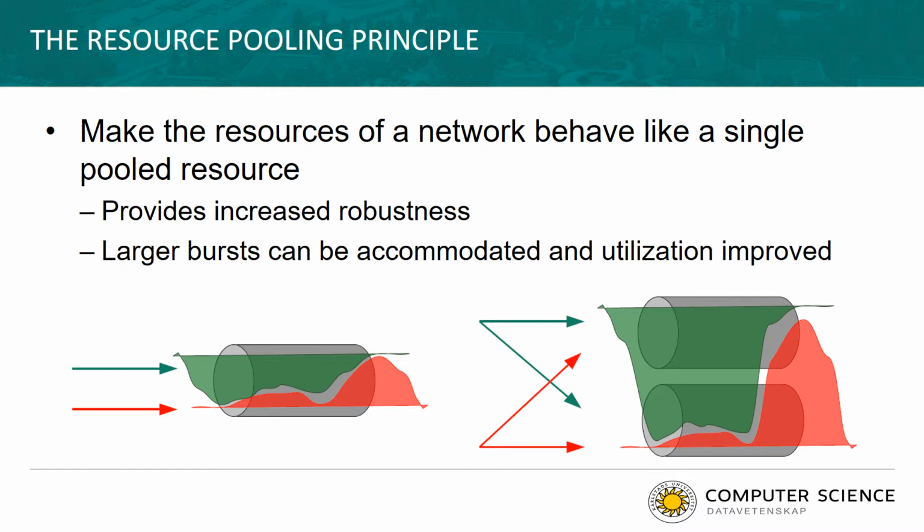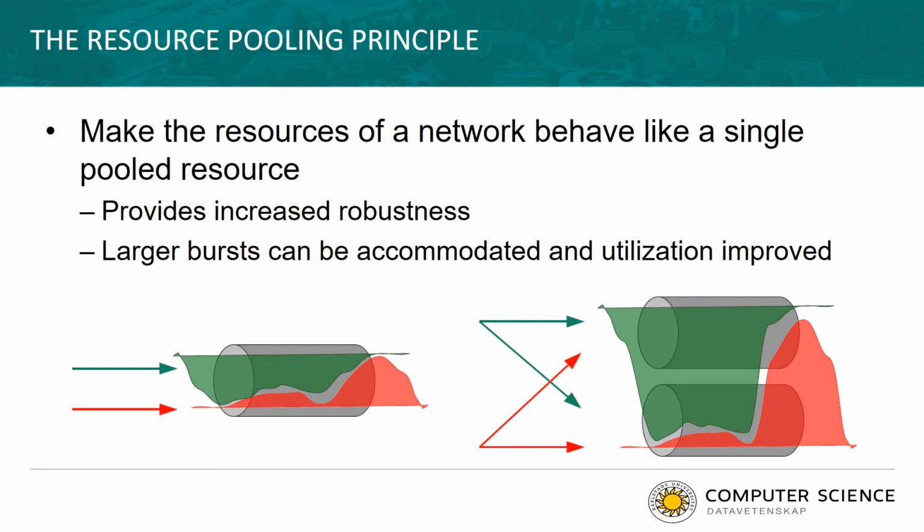We have an illustration of this in the figure on the slide. Consider a single path resource with two different flows going into this path. If you now have multiple paths available, you would like to use them as if they were a single path, and use the combined bandwidth available over these two paths as a single resource.